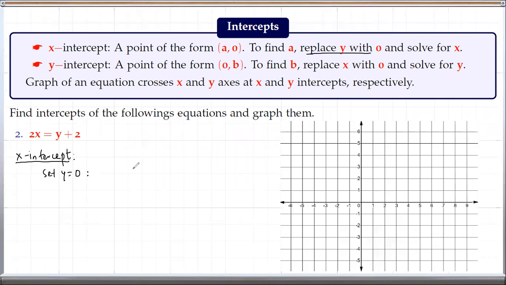So when you set y equals 0, we have 2x equals 0 plus 2, which means 2x equals 2, because on the right side, 0 plus 2 is simply 2. And if you divide both sides by 2, you get x equals 1. So the x-intercept is (1, 0).